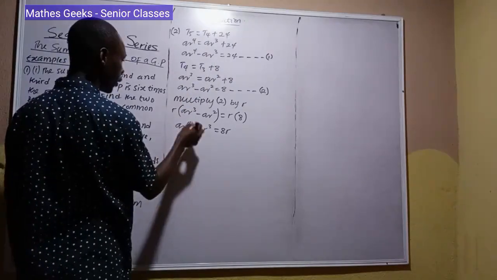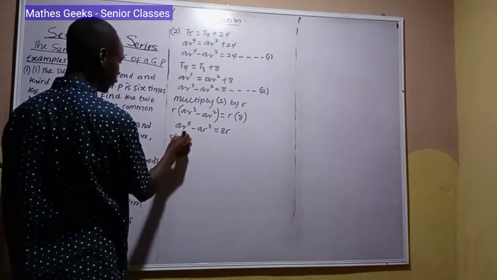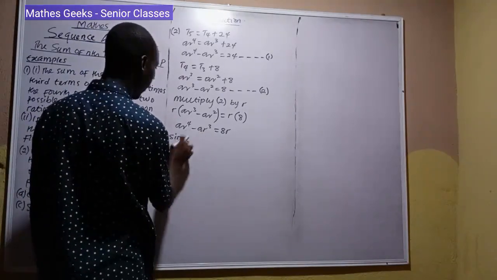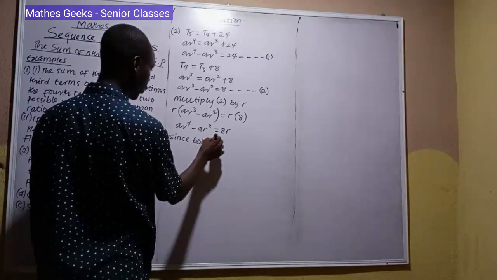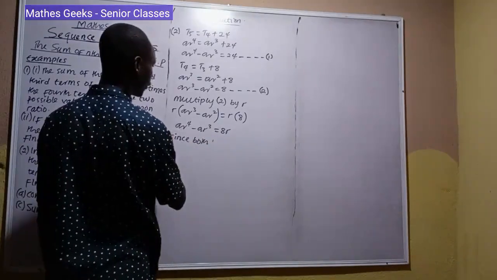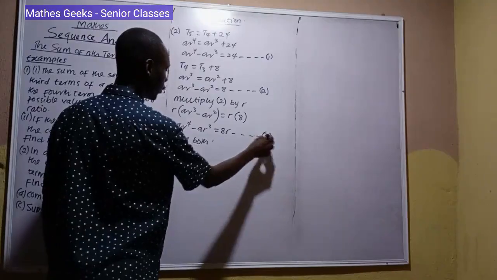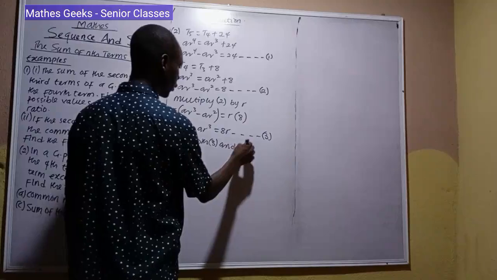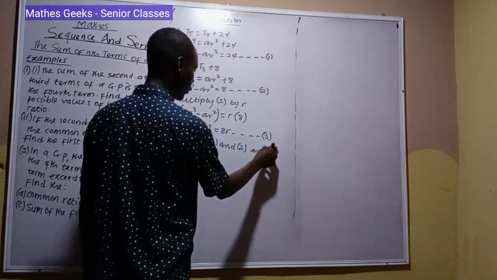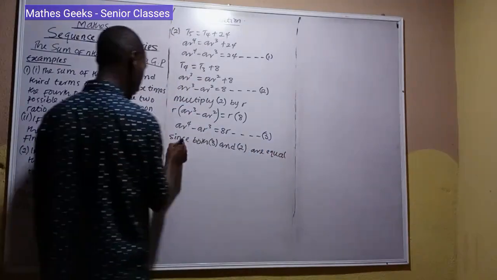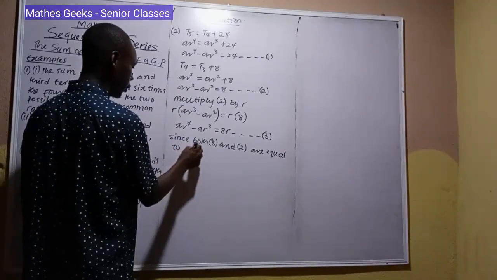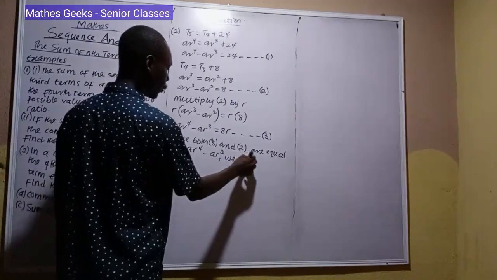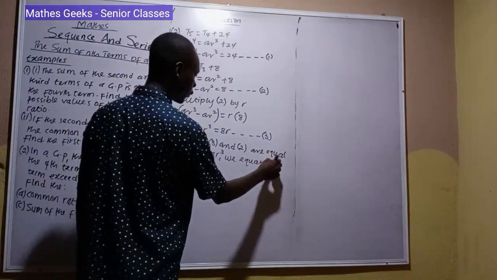So since both, let's call it equation 3. So since both equation 3 and 1 are equal to A r to the 4 minus A r cubed, we equate both equations.